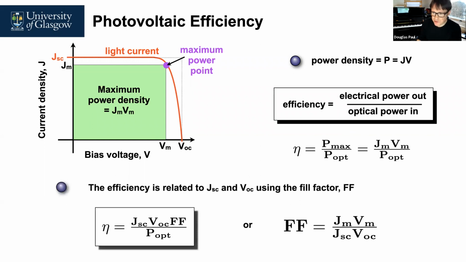Now, this is normally rearranged a little bit, because when we characterize photovoltaic cells, finding this JM and VM is going to depend on the load that we are powering in a circuit. That means what you get varies depending on how you use the photovoltaic cell. But what are constants for a photovoltaic cell are the short circuit current density JSC and the open circuit voltage VOC.